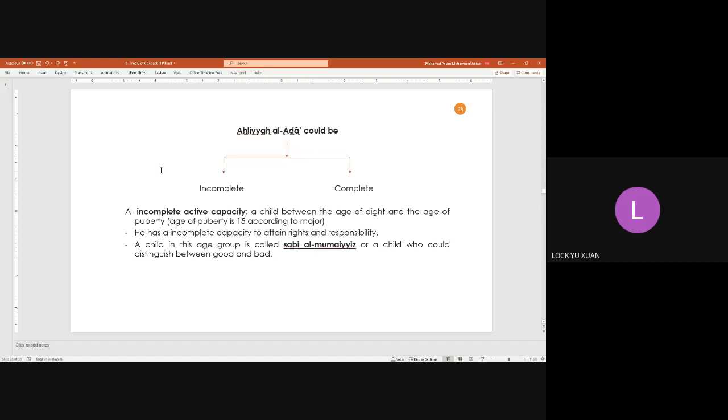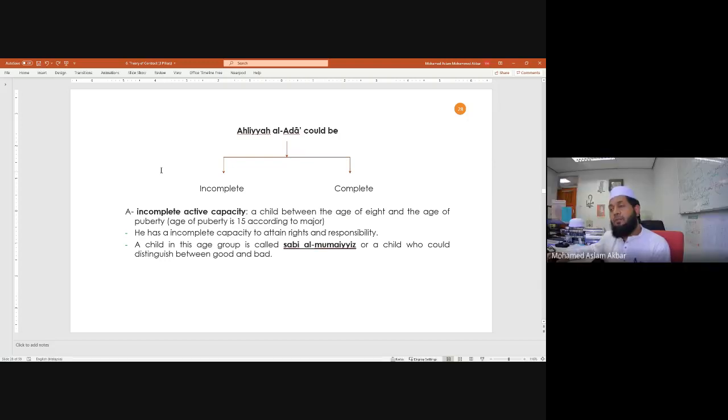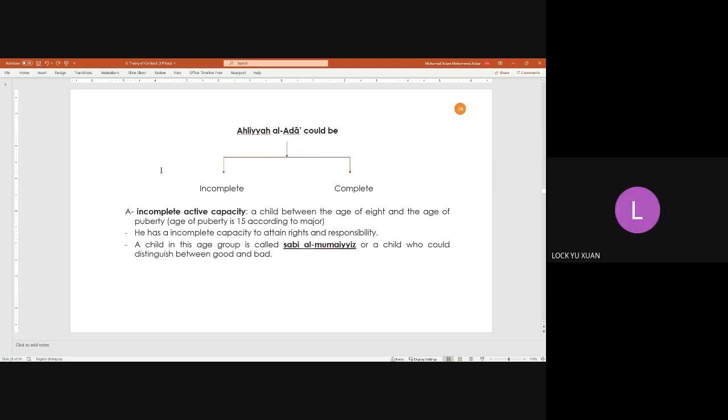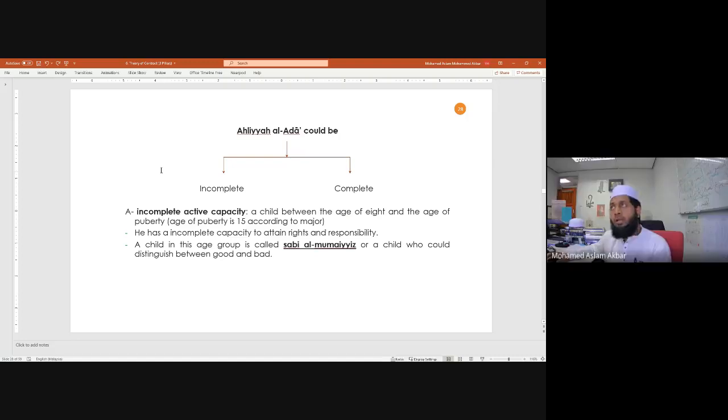And the example for the complete is all of us, right? Yes, all of us, the majors. So sir, can I say that the incomplete one is like the teenager? Teenager depends.